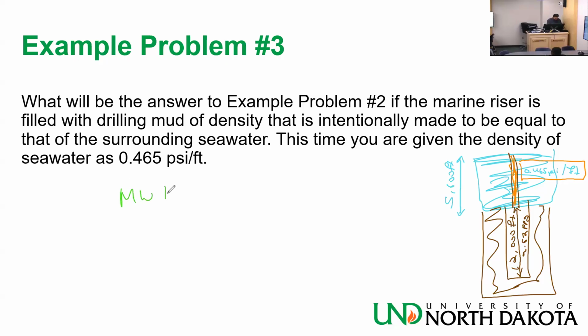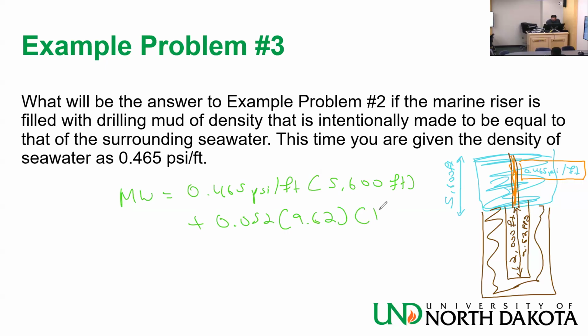So now for my mud weight, let me use green. Pressure at the bottom of the well is 0.465 psi per foot, that's for seawater, times 5,600 feet, plus 0.052 in my wellbore below the mud line, times 9.62 ppg, times 12,000 feet.